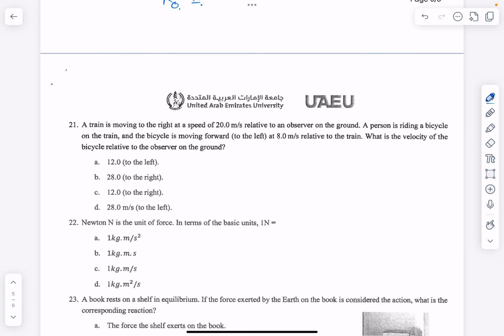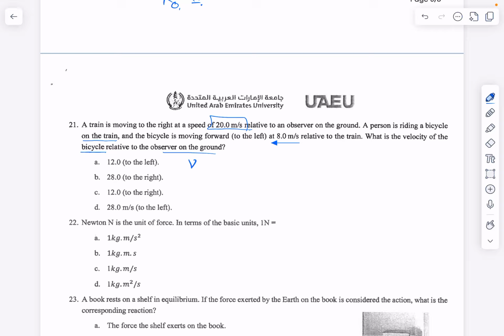So a train is moving to the right at a speed of 20 meters per second relative to an observer on the ground. A person is riding a bicycle on the train, and the bicycle is moving towards the left. What is the velocity of the bicycle relative to the observer?